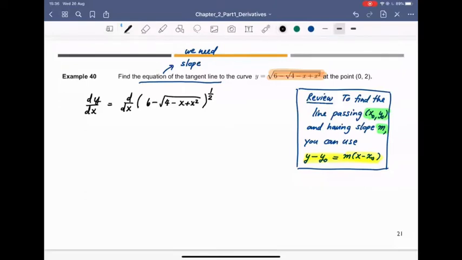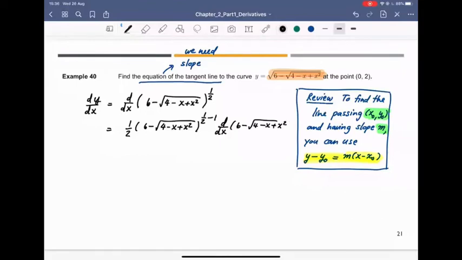The reason I do this is because it looks easier for finding derivatives. You see something inside parentheses raised to the 1/2 power, and then I move 1/2 down, and don't touch anything inside parentheses. Then you have 1/2 minus 1, and then you differentiate the function.